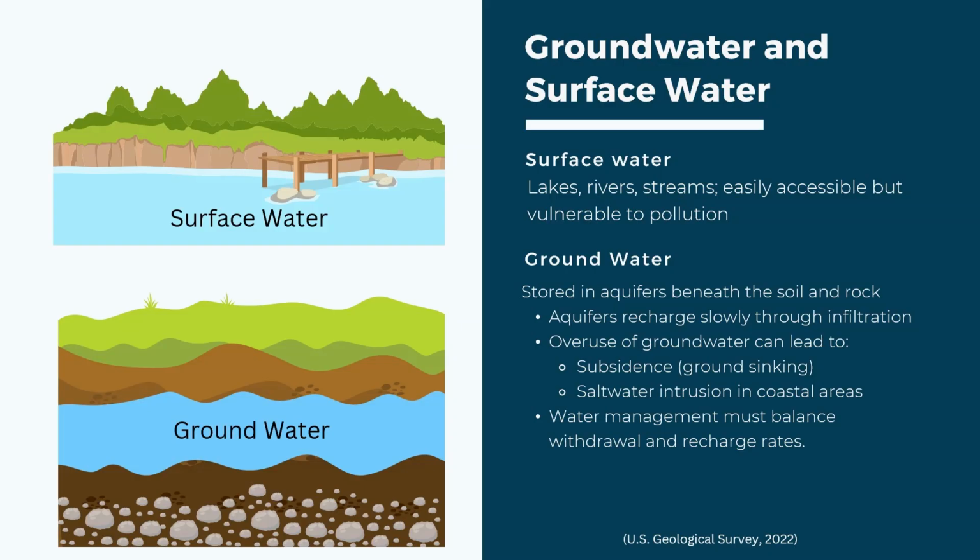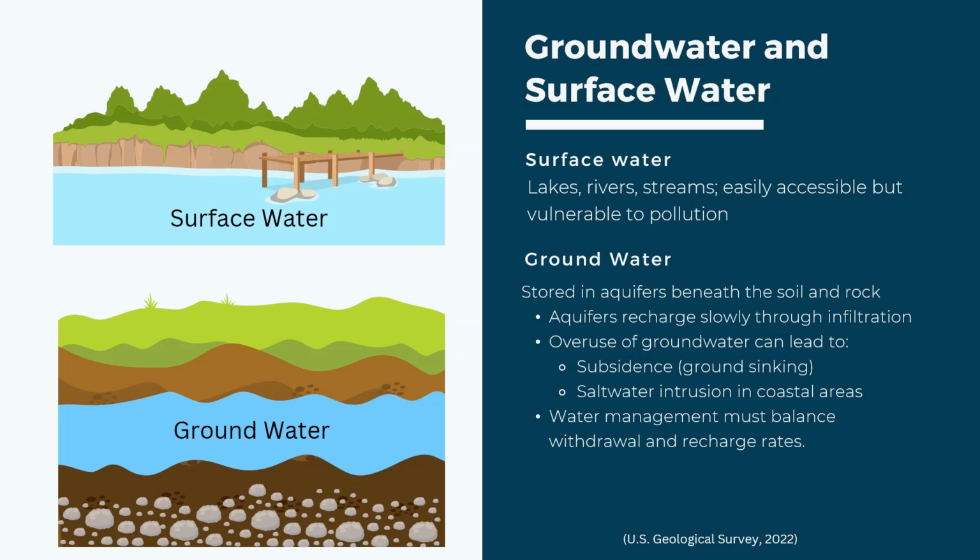Water comes from two main sources. Groundwater is stored in aquifers beneath the soil and rock, and surface water is found in lakes, rivers, and streams. Surface water is easy to access, but can be much more vulnerable to contamination. Groundwater tends to be cleaner, but aquifers recharge very slowly.